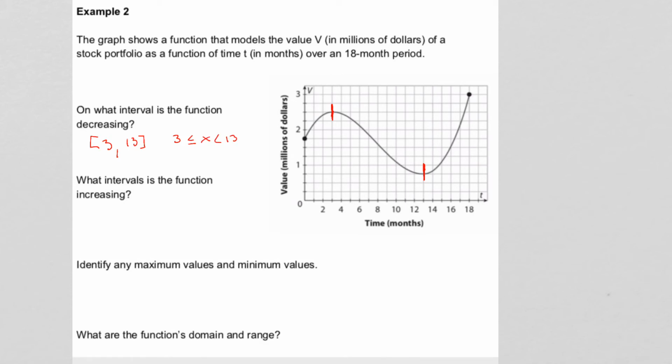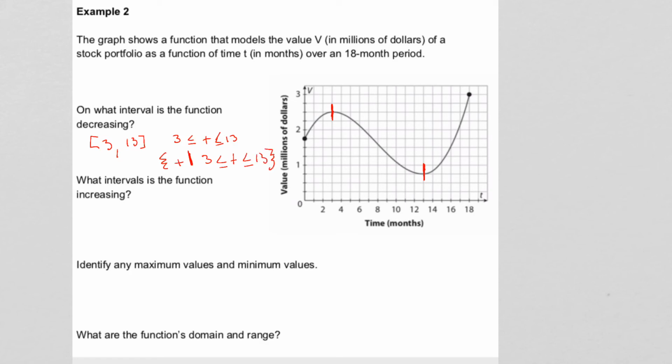or it's not x per se because it's talking about time. Let's go with t. Or you could say, with this funky bracket, t such that 3 less than or equal to t less than or equal to 13.